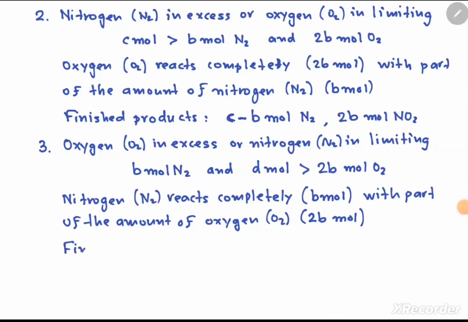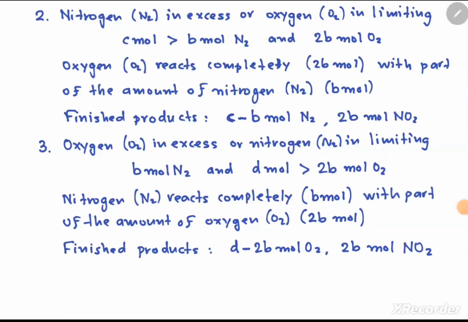So, the finished products are d minus 2b mol oxygen and 2b mol nitrogen dioxide.